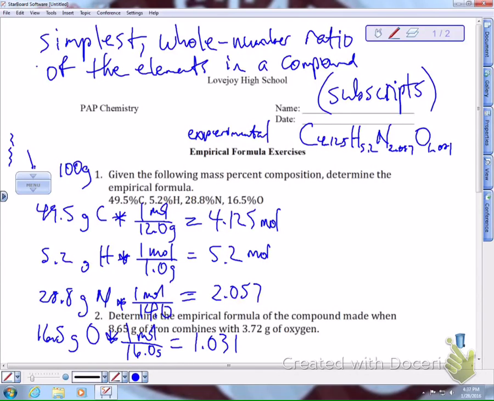Now that doesn't look like any chemical formula that I've ever seen, and nor you either, but that is the moles that we have in this sample of the compound.